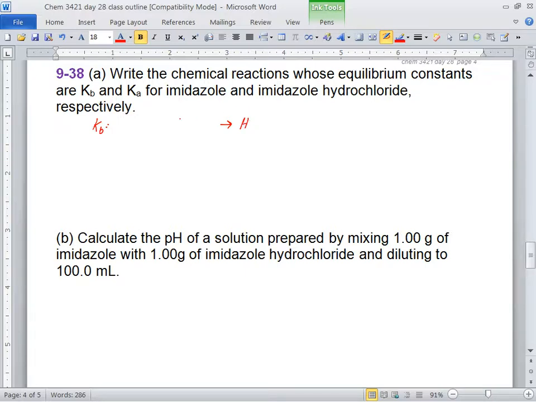What are the reactants on a Kb reaction? Someone help her out.